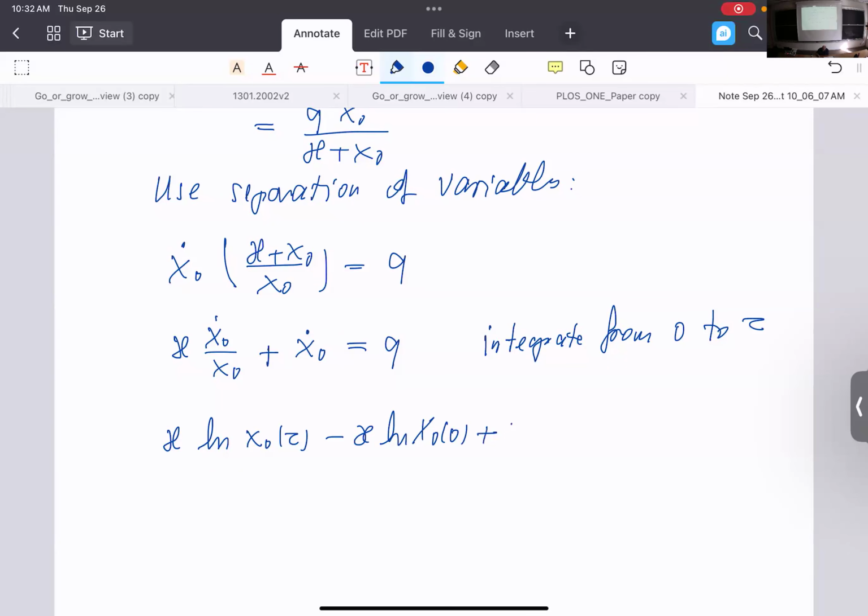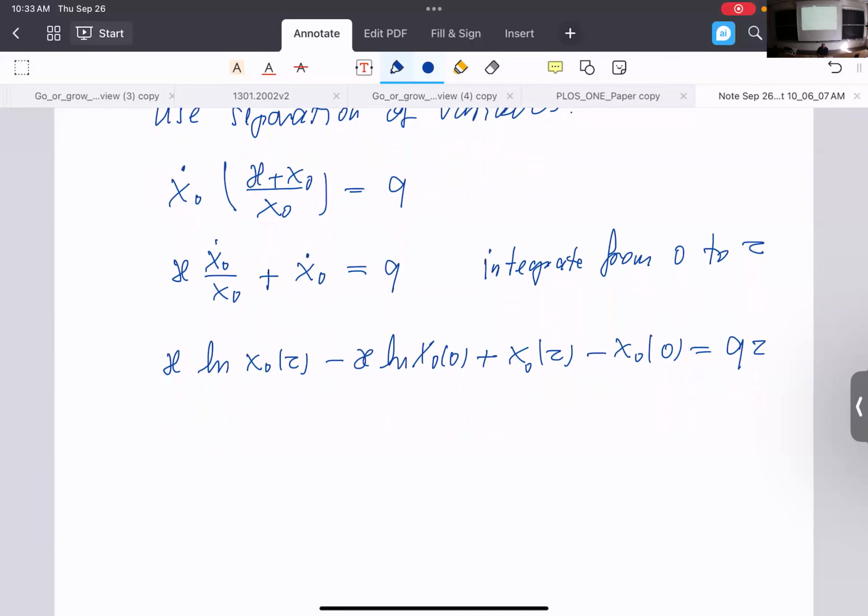The next term is x at tau. Q gets a q tau minus q times 0. Yeah, now this is what I have in my notes as well.